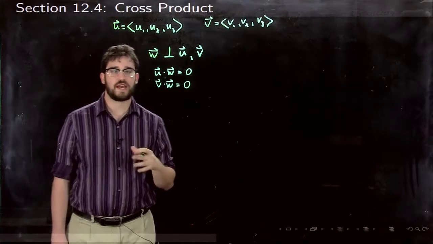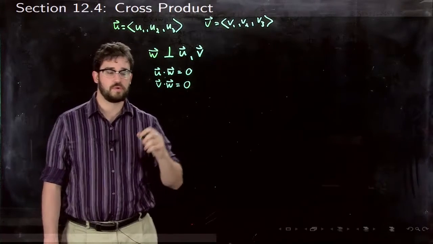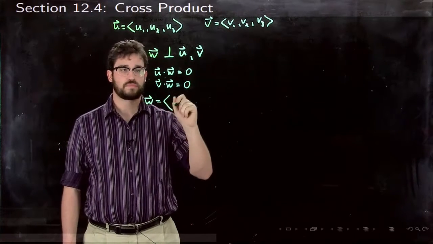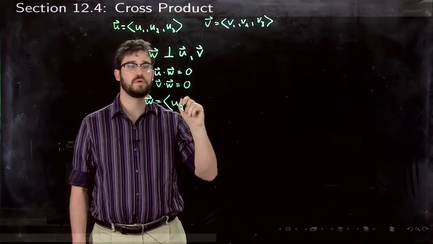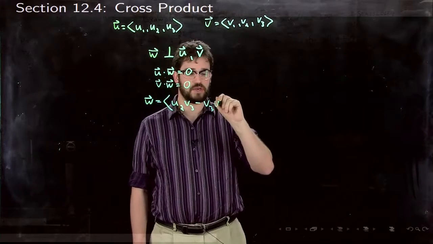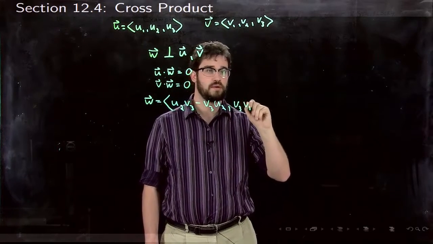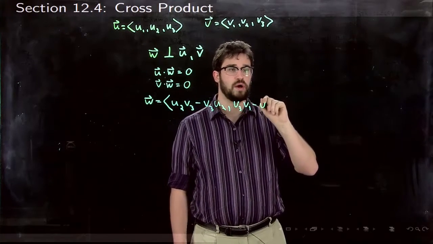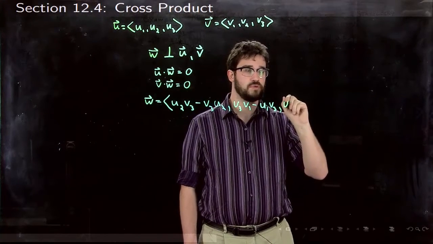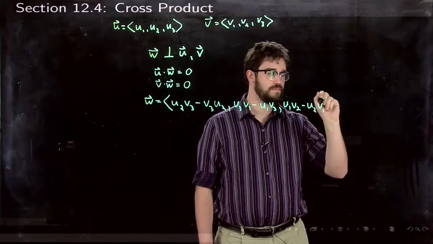This actually has a whole family of solutions, one of which would be that w would be equal to u2 v3 minus v2 u3, u3 v1 minus u1 v3, and then u1 v2 minus u2 v1.